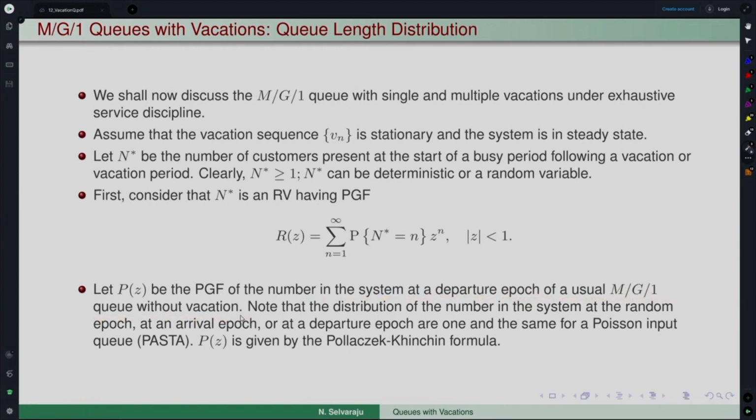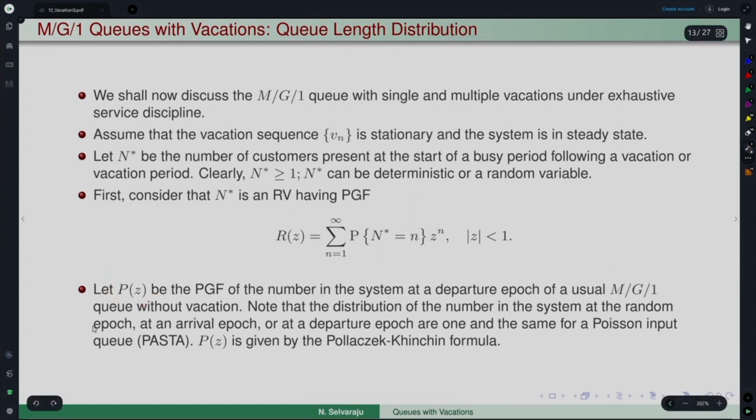But we know in such a queue the distribution of the number in the system at a random epoch, at the arrival epoch or at the departure epoch are all one and the same because of the Poisson input. And this P of z is given by the PK transform formula or Pollaczek-Khinchine transform formula. We know all those things. That is what we take from the M/G/1 case.